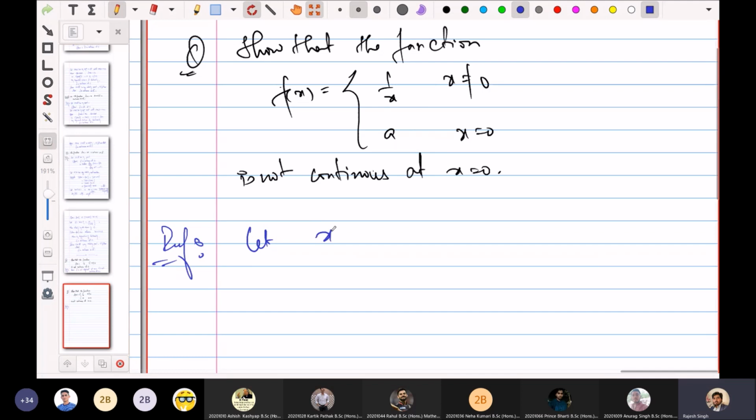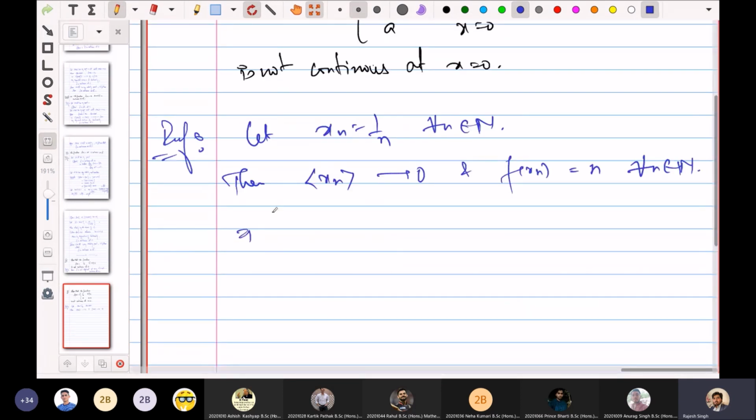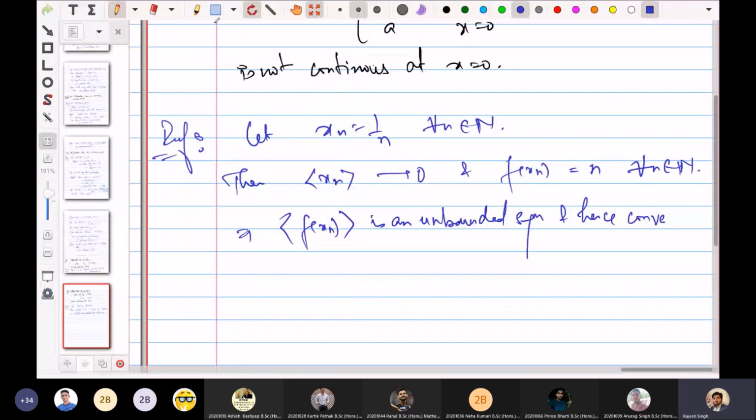So let x_n equal to 1 by n for all n belonging to N. Then x_n converges to 0 and f of x_n is equal to n for every n belonging to N. So this implies f of x_n is an unbounded sequence, right? And hence not convergent, because every convergent sequence is bounded.